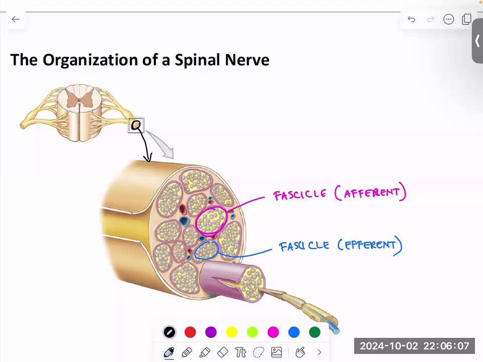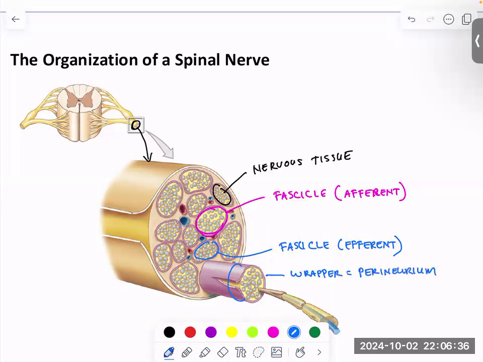It's important to recall that the fascicle is made of nervous tissue. The wrapper of the fascicle is called the perineurium.